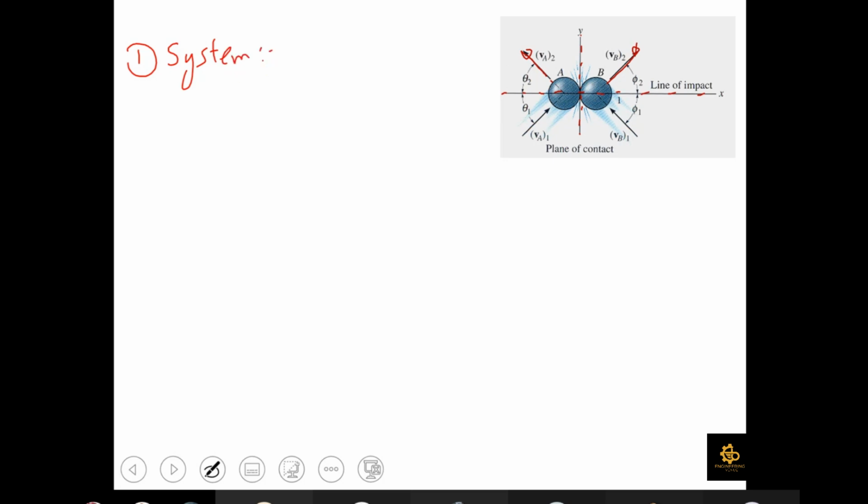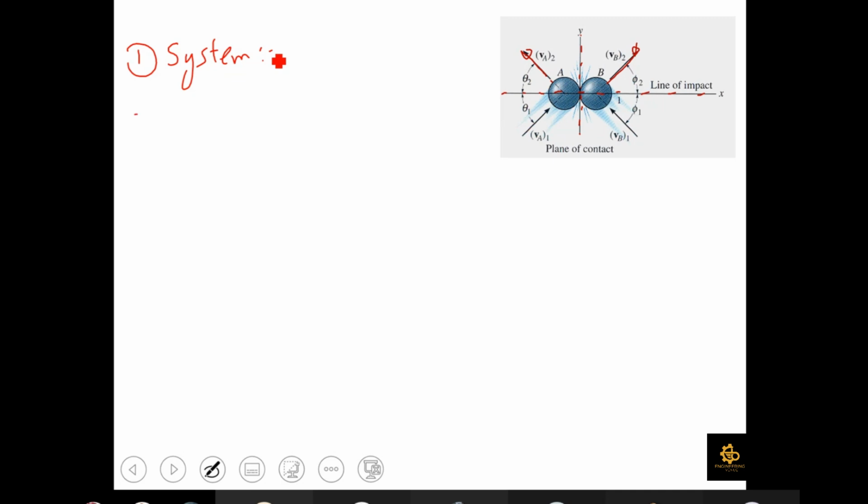The way you did it in central impact, in case of oblique impact as well, all the deformation as well as restitution impulse is going to act along the line of impact. Since there is no external impulsive force acting along the line of impact, it means that the system's momentum has been conserved along the line of impact.